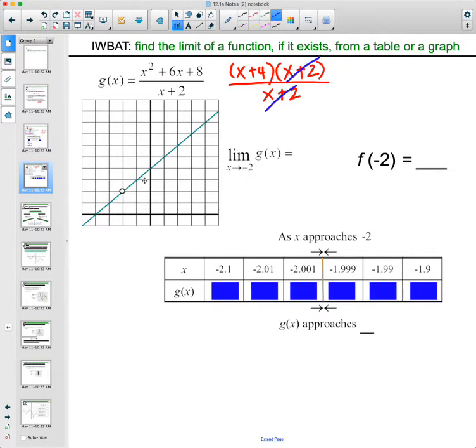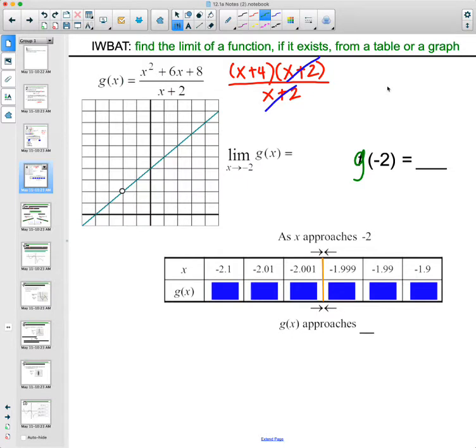That creates this hole at x equals -2, which is the bad domain value because you would get division by 0. So in this problem, if we plug -2 in here, which is the limit in question, the limit as x approaches -2 of g of x, so this should say g of -2. So let's figure out g of -2.